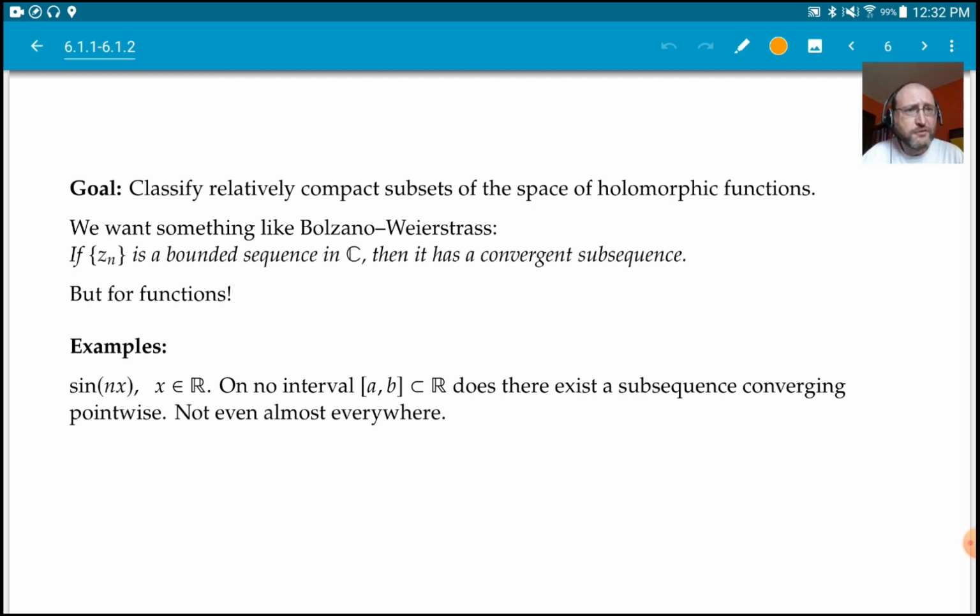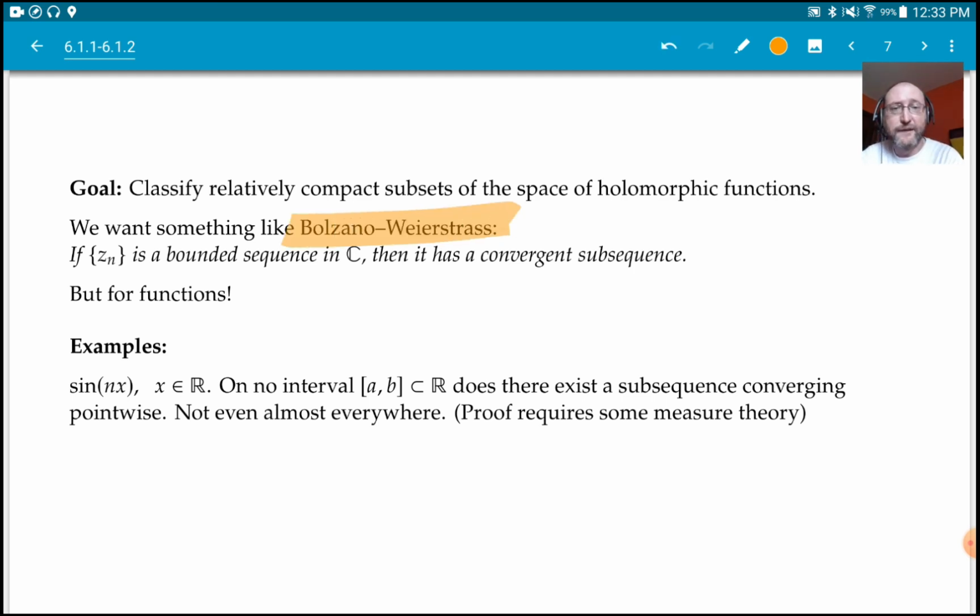But actually on no interval does it converge pointwise. There might be some points where it converges, but it doesn't converge on all points of an interval. The proof is not too terrible. It requires some measure theory, or at least the proof that I know of. But you cannot expect something like Bolzano-Weierstrass for functions, without wanting something like holomorphic or some extra conditions.